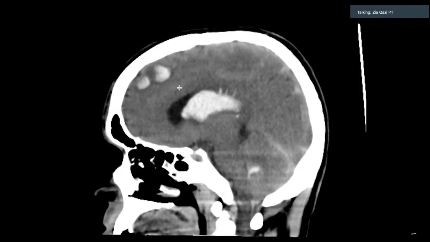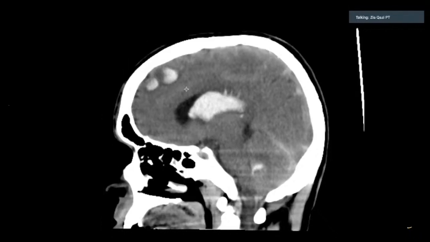If it is subacute or chronic, it clots and forms a hematoma. Or it can be above the arachnoid, making it subdural: below the dura mater, the meningeal layer, but above the arachnoid is subdural.